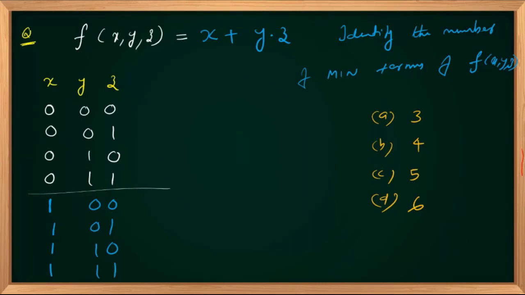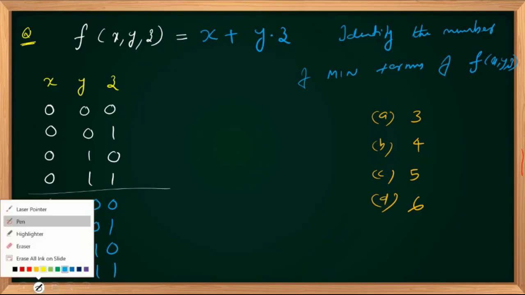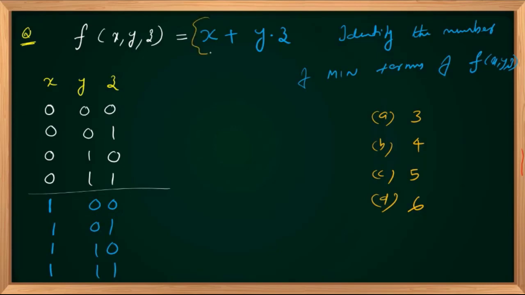So f of x comma y comma z equal to x plus y z. Look at the expression. I have two terms. First term is nothing but x. So if x equal to 1, doesn't matter what will be the values of y and z. 1 plus a quantity will be always equal to 1, right?